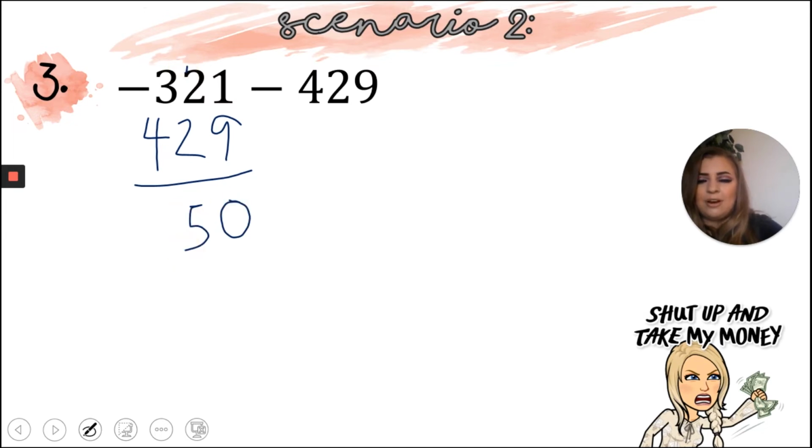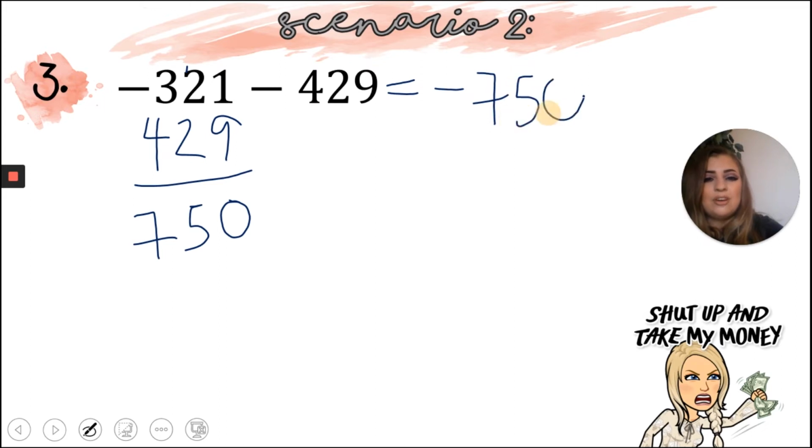But I'm going to figure it out. When I have $321 in debt and I spend $429 still, that makes my debt a total of $750. It'd be like that sometimes. You know what? Now we know how much debt we're in.